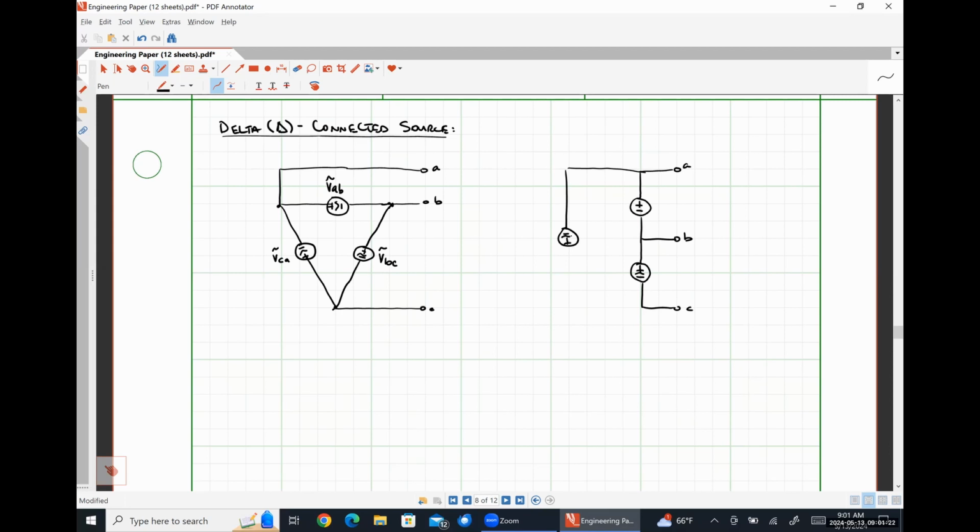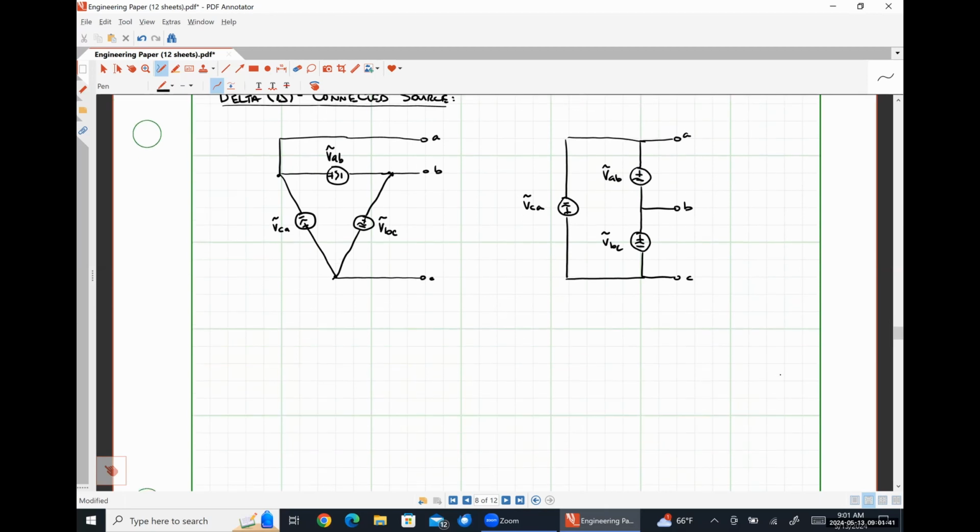You are starting to catch on to why this nomenclature and everything can be such a pain in the butt. So this will be our voltage VAB. This will be our voltage VBC. And this will be our voltage VCA.